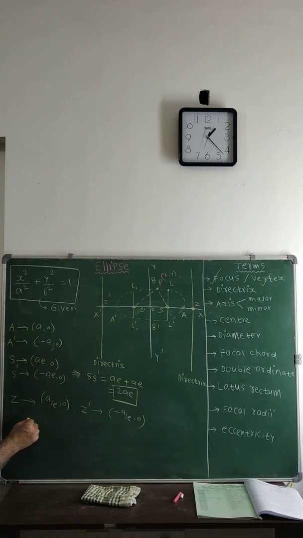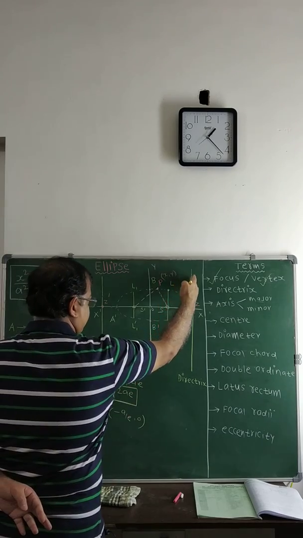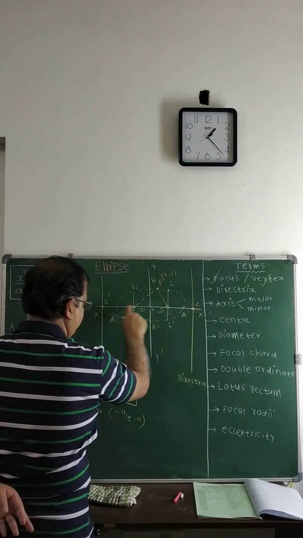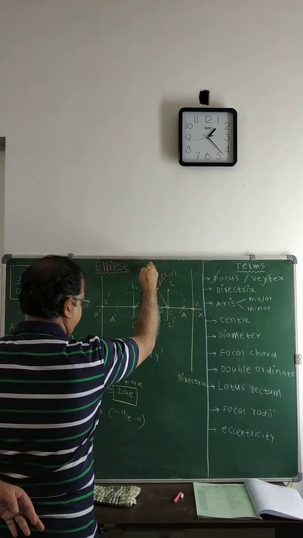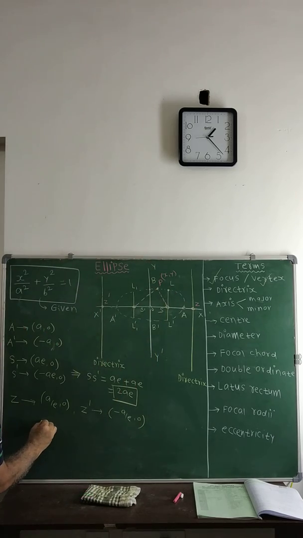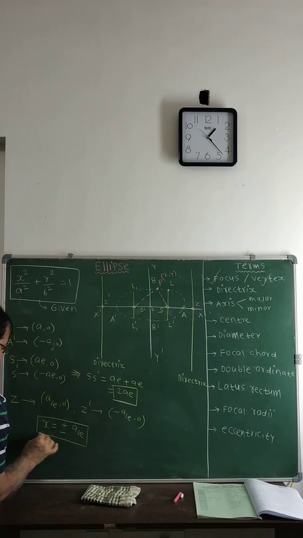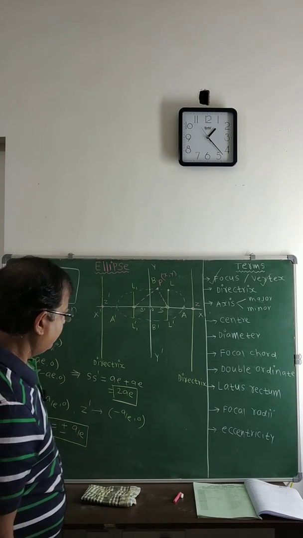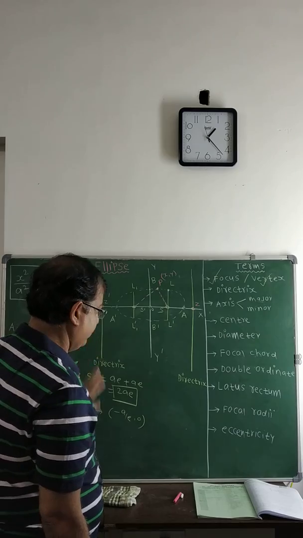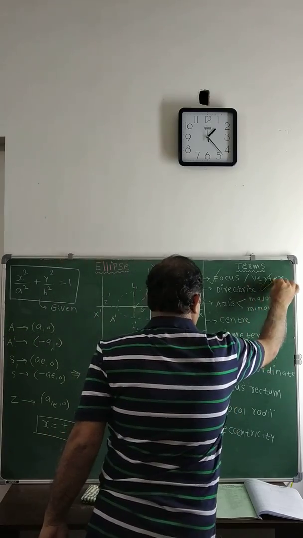Or if somebody is interested, what is the equation of directrix? Again, remember, directrix are always perpendicular to the major axis, or it is parallel to the minor axis. So their equations will be x is equal to plus minus a by e. There are two lines parallel to y axis. One is x is equal to a by e, other is x is equal to minus a by e. So we have done directrix.